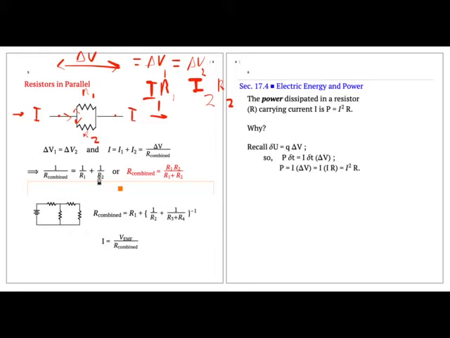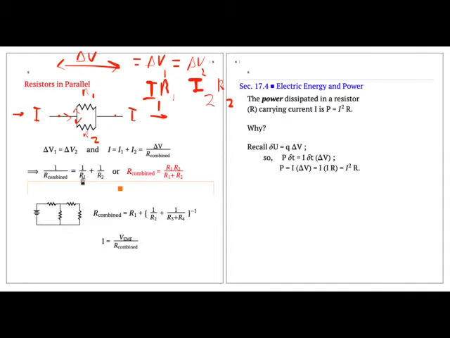In other words, when you have parallel resistors, the combined resistance is not the sum of the two resistances. The reciprocal of the combined resistance is equal to the sum of the reciprocals. Or we could write it a different way, combining the two denominators here.